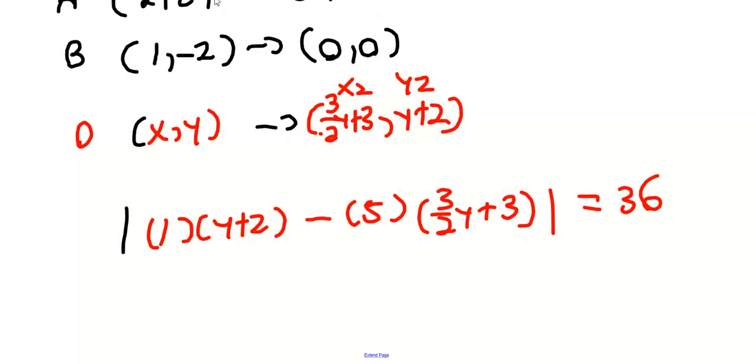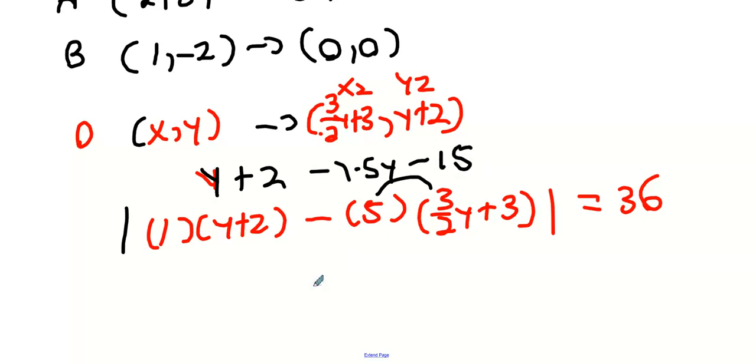Now, next thing, guys, we get a y plus 2, yeah? Now, what's 5 times 3 over 2? 5 times 1.5, which is minus 7.5. Minus 7.5y. Okay, 5 times 3, minus 15. And long story short, minus 6.5y.